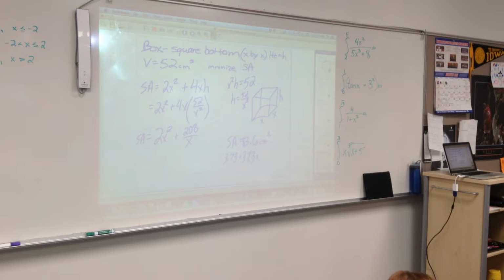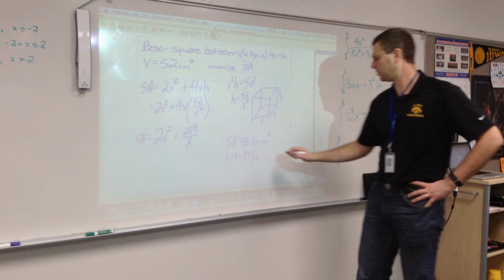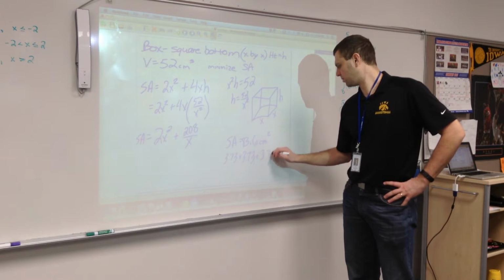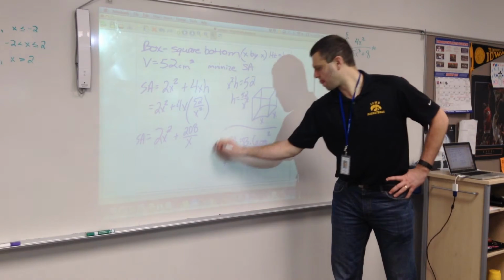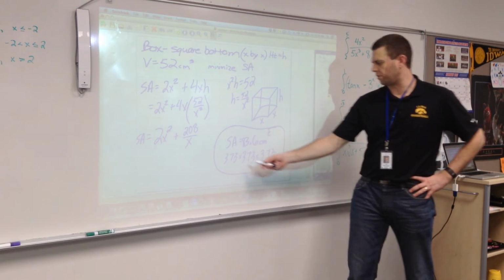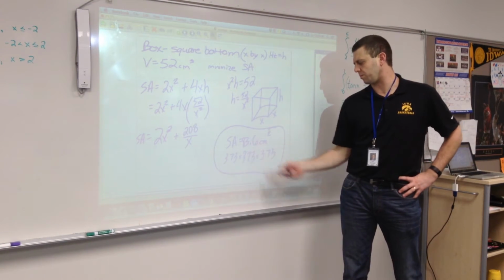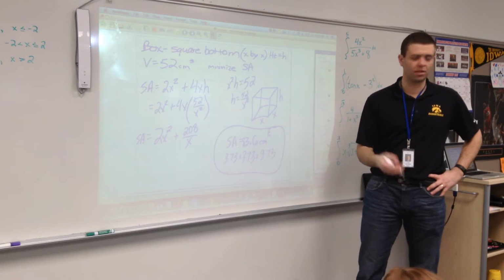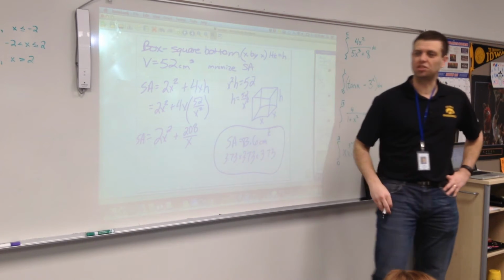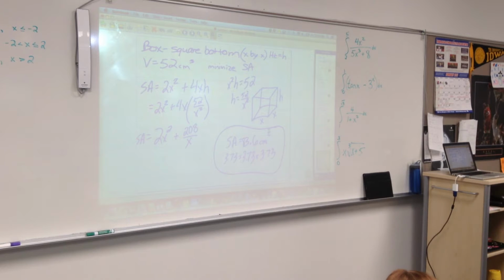I got 3.73, and yes, it would be in this case. So there are your dimensions of the box, 3.73 by 3.73 by 3.73, happens to be a cube. And this is the surface area of that box, and that would be the minimum surface area.